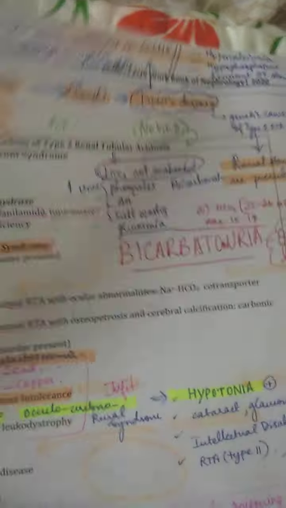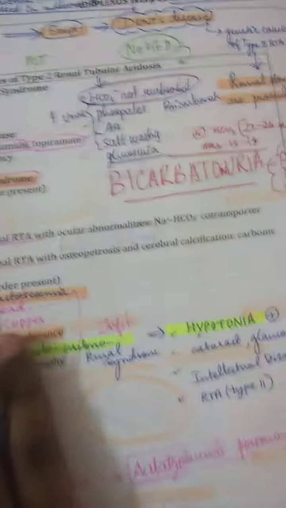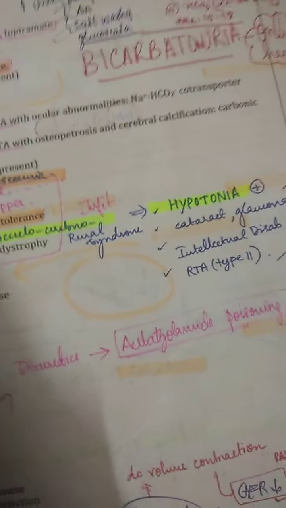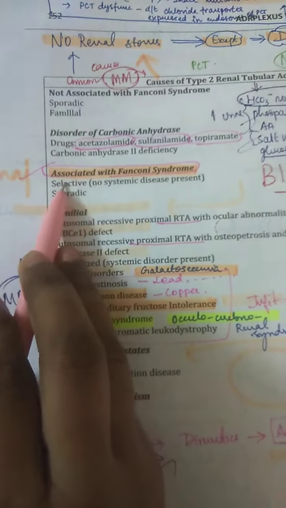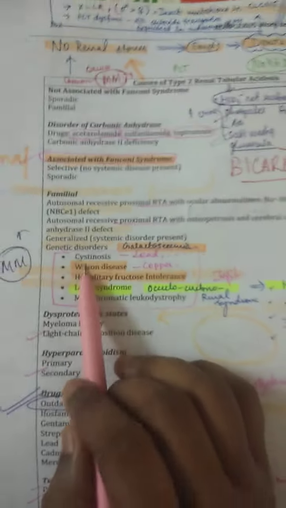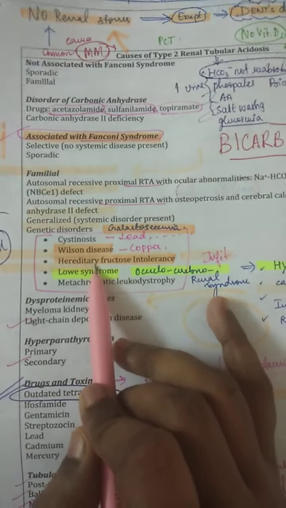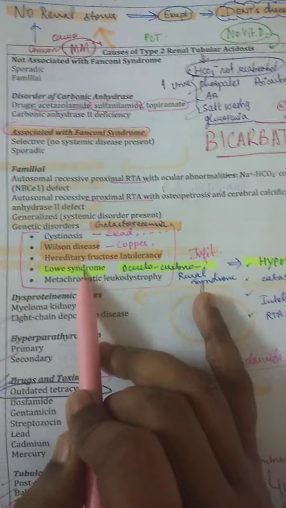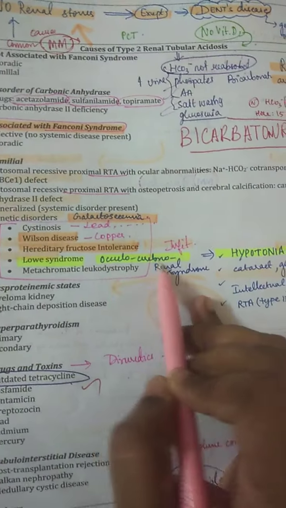Okay, so this is what happens, but what might be the causes? It may be associated with Fanconi syndrome and also with disorders like galactosemia, Wilson's disease, hereditary fructose intolerance, Lowe syndrome, oculocerebrorenal syndrome.